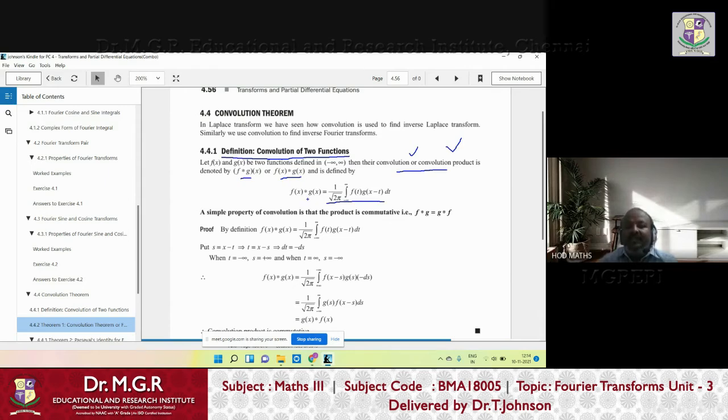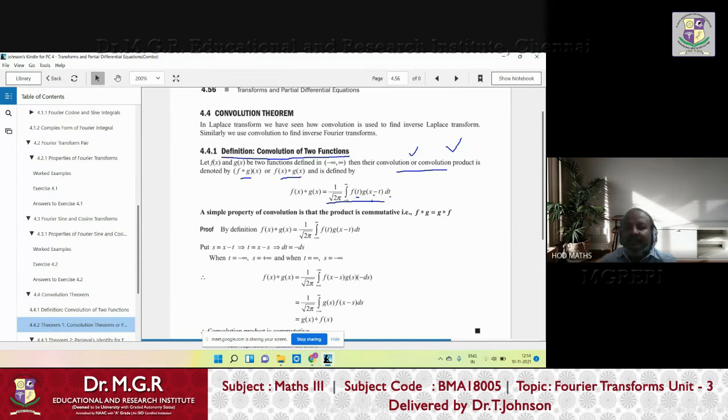F convolution g is defined as 1 by root 2 pi, integral from minus infinity to plus infinity, right? Since both are functions of x, here they use a common variable t, because we can't use x here, as that will be confused with f and g. So they use a common variable t in place of x, and they define the convolution of f and g as f of t g of x minus t dt, right? Remember, here t is the running variable, but x is there inside.